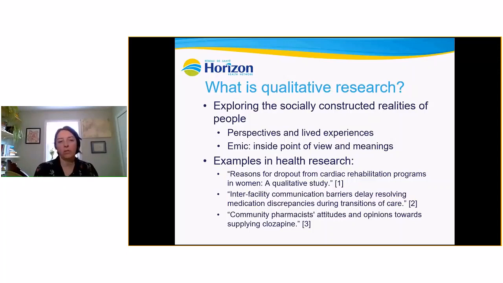It's just people focused. So within health research, the focus is often on patients, but it doesn't necessarily have to be so. Obviously, it can be about healthcare professionals. It can be about organizations as well, in terms of the people within organizations, and what is going on within that in terms of the lived experiences within organizations or working within them.